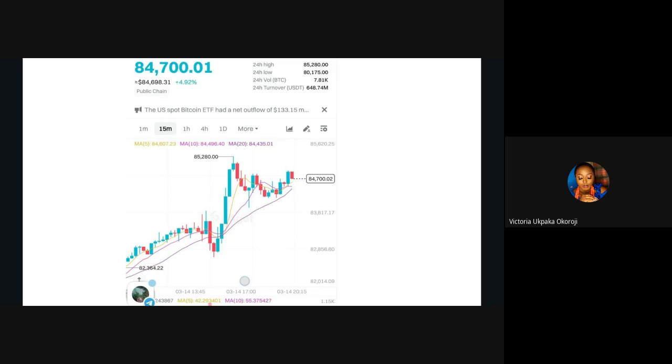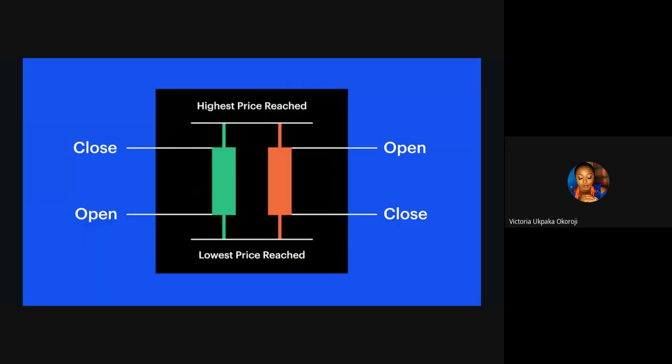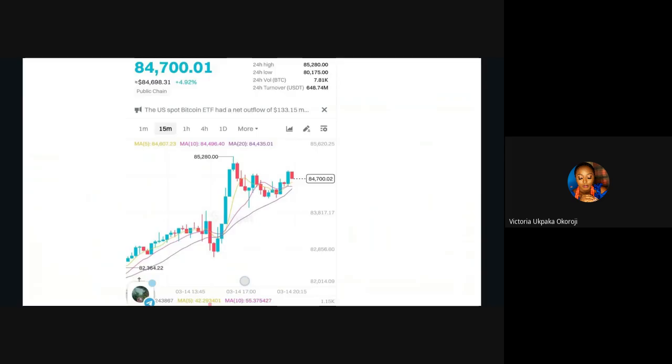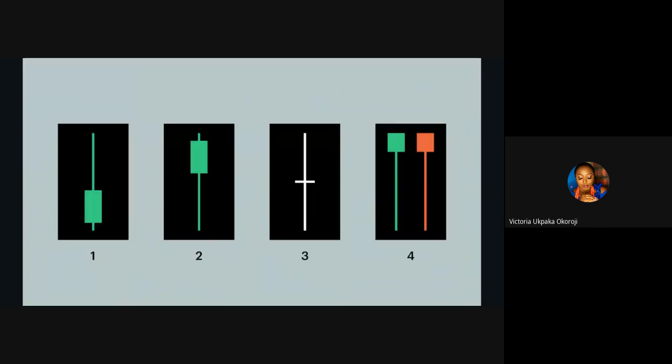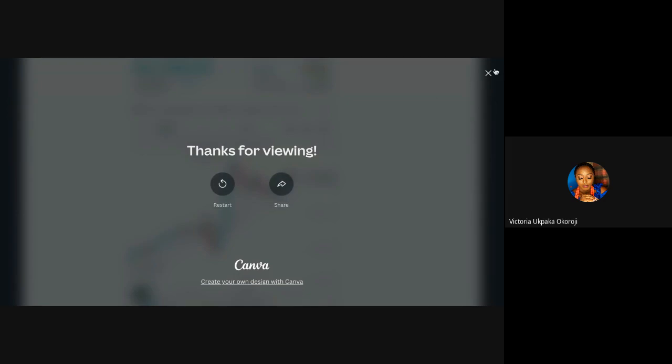So when you watch this again, try and see, based on these slides, this is your assignment now. Any time of the day, check if you can identify any of the candle styles we've seen so far in your chart.